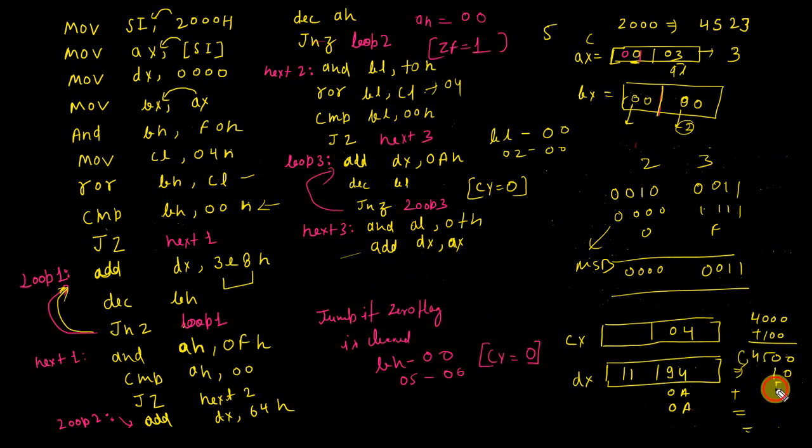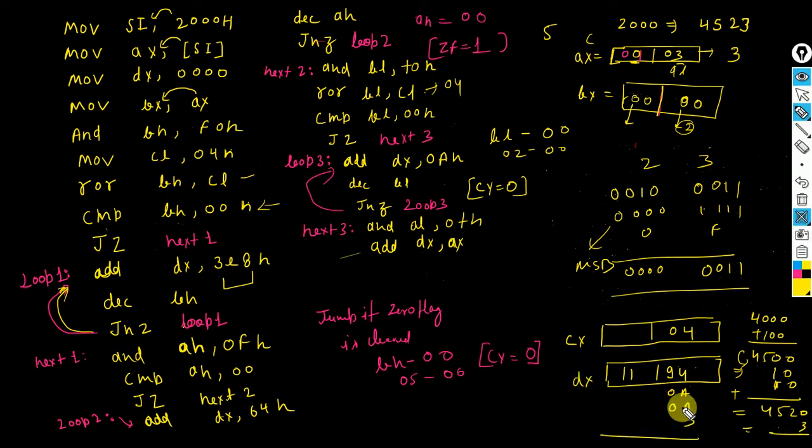The hexadecimal value of the DX register is 4520. So in this we add 3. Okay, when we add 3 in this DX register, the content of the DX register is 11AB. Okay, so this is your answer.